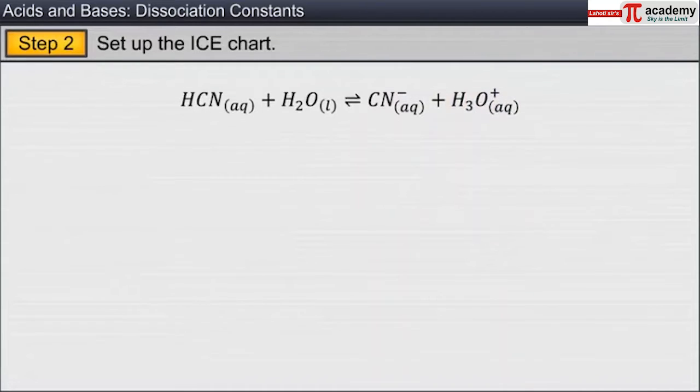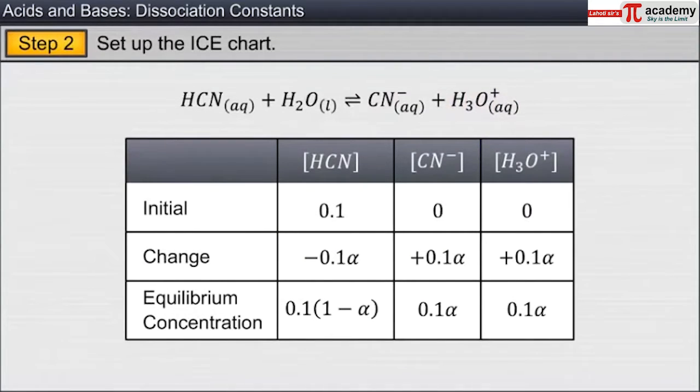In the second step, set up the ICE chart. The initial concentration of hydrocyanic acid is given as 0.1 M. The initial concentration of the products is 0, since the reaction is yet to happen.